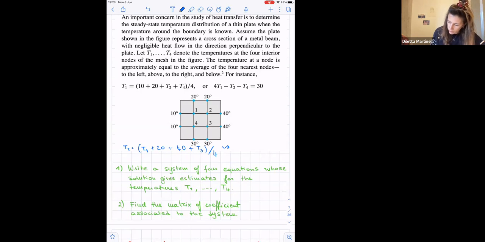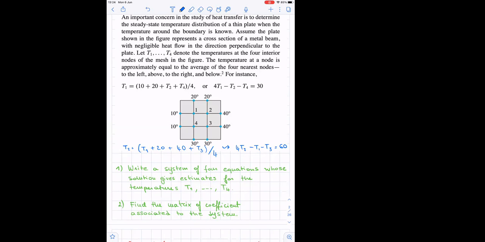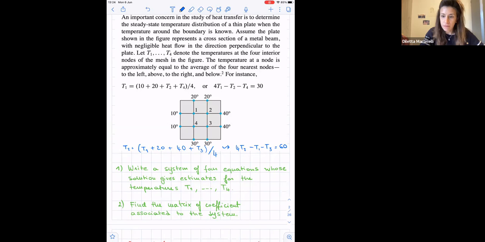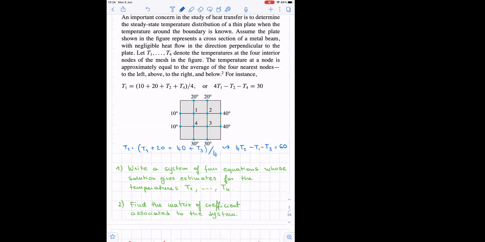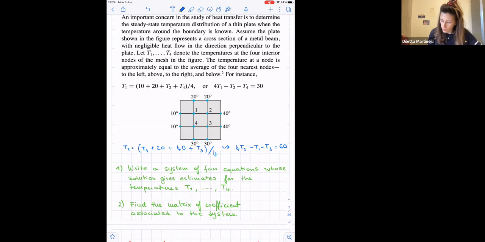Then we can rewrite it as 4T2 minus T1 minus T3 equals 60. Okay? Now it's better? Yes. Good. And you can do that for all four of them.